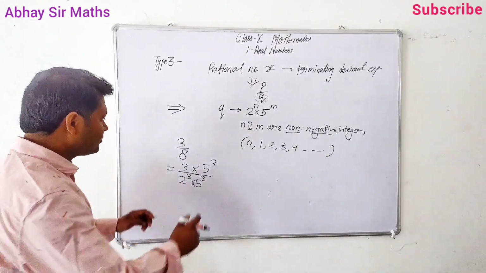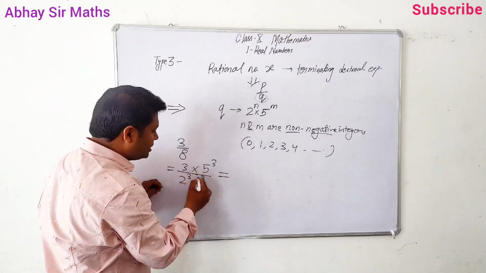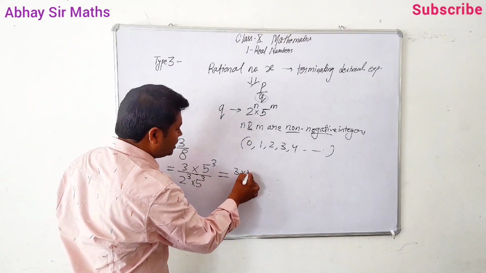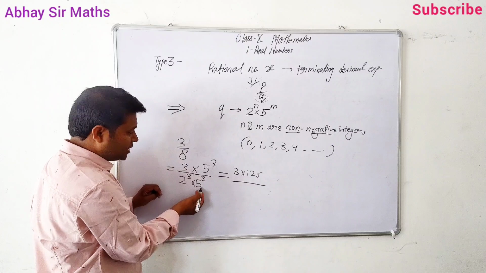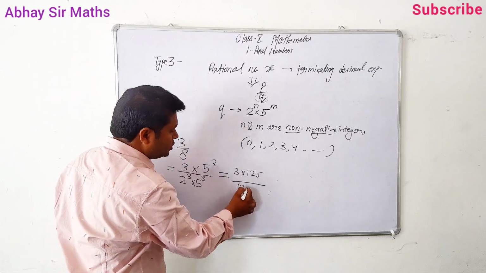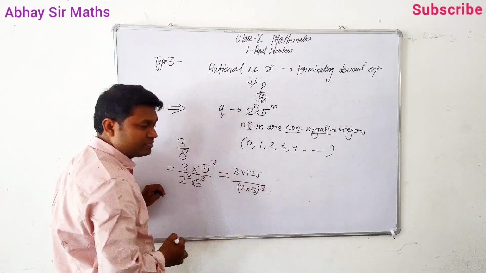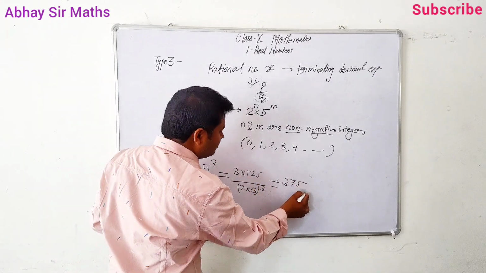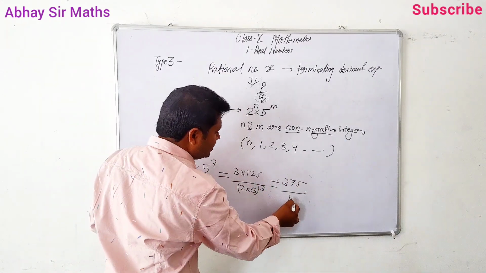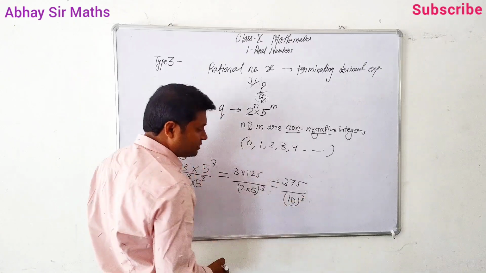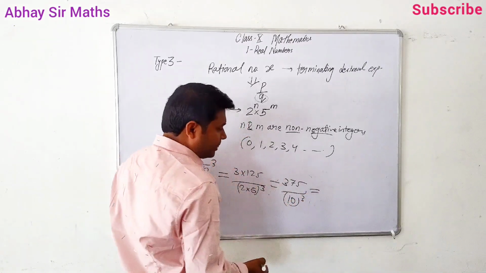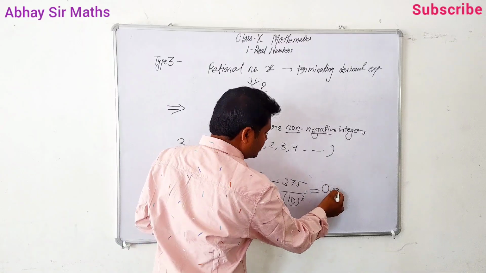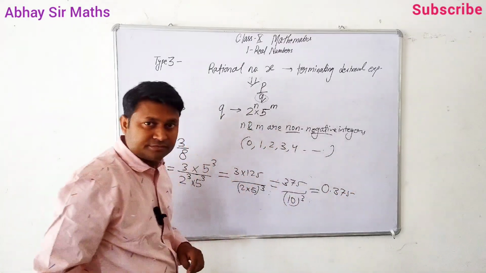All right, so now the result becomes 3 into 125 divided by 2 into 5 whole cube. So now 125 into 3 is 375 divided by 5 twos are 10, 10 to the power 3. So now the answer becomes 0.375.